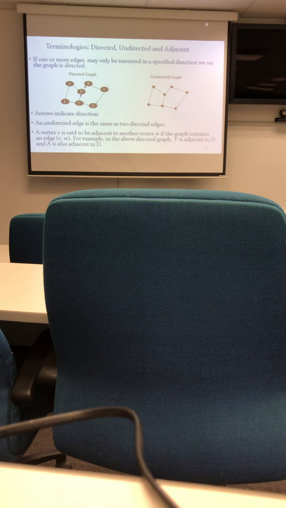So how about an adjacent vertex? A vertex V is said to be adjacent to another vertex W if the graph contains an edge VW. VW is an edge from V to W. So for example, in this case, there is an edge from F to D, right?